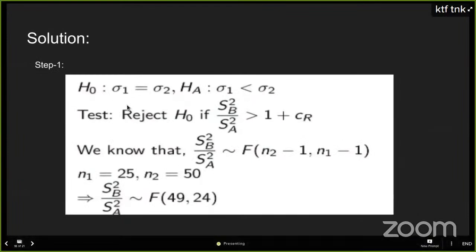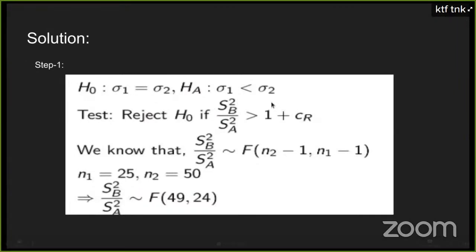So H naught is sigma 1 equal to sigma 2. HA is sigma 1 less than sigma 2. So we'll reject H naught if SB square upon SA square is greater than 1 plus CR. Right? And we know that SB square upon SA square belongs to the F distribution with degrees of freedom n2 minus 1 and n1 minus 1.